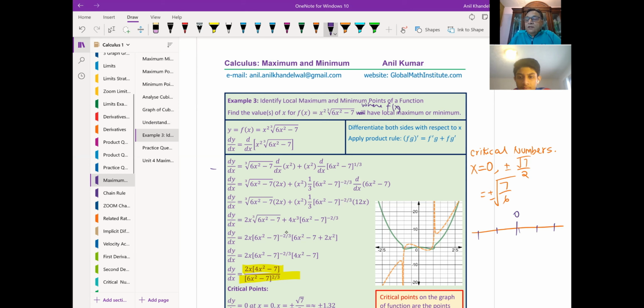All these points which you have on the number line, you have to take test points in between, and figure out whether the derivative is increasing or decreasing. How is it changing? Once you work out that, you will know local maximum minimum. So that is your homework exercise. Is it okay? Yes, sir. So analyze. It's a very difficult test question.